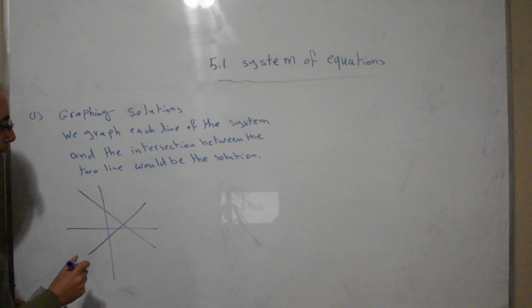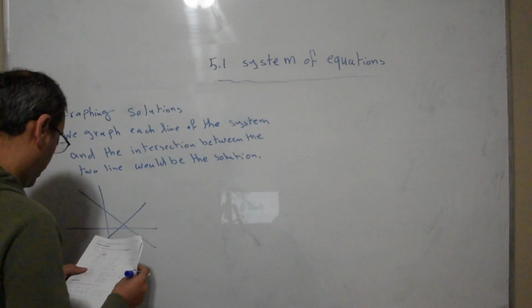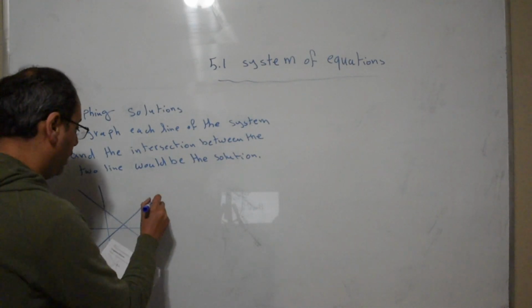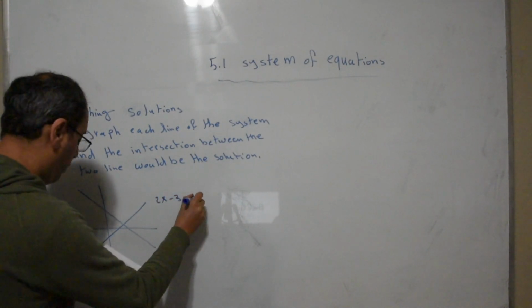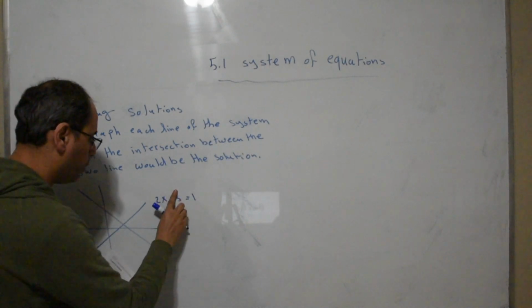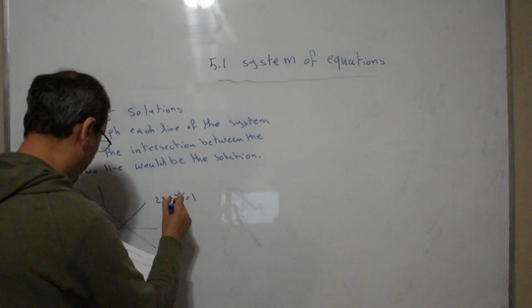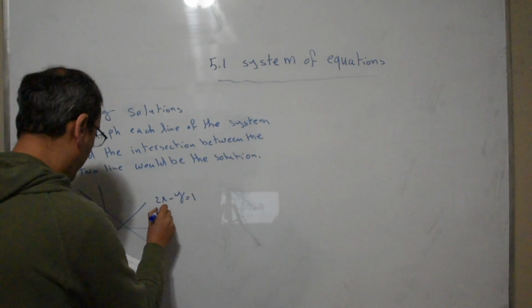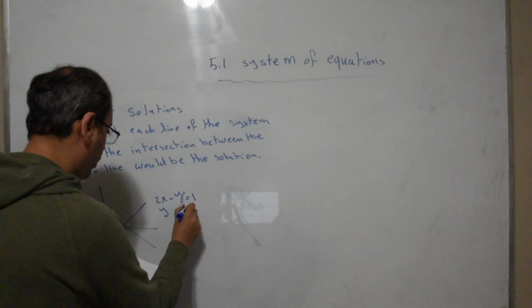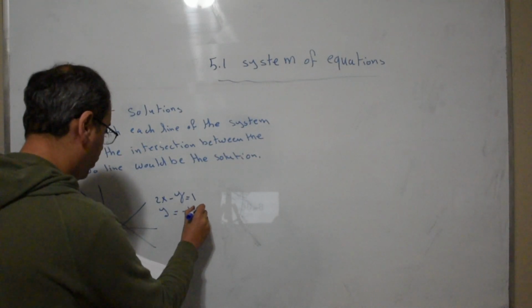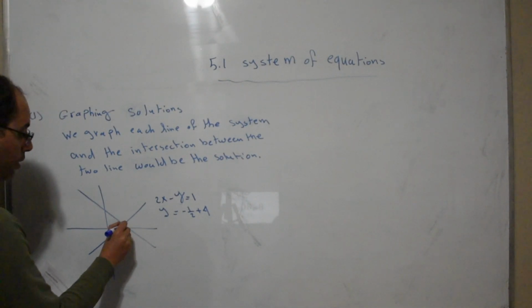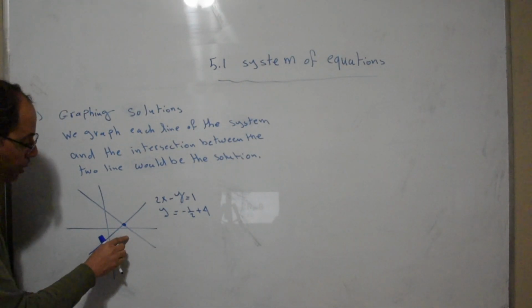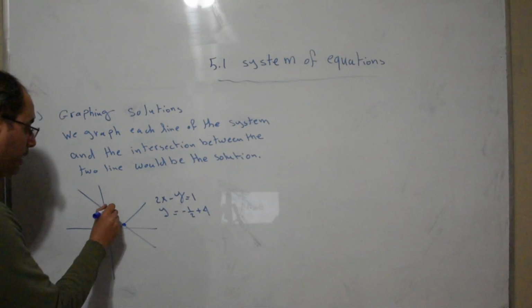So here is the system of equations, 2x minus 3y equals 1, and y equals negative 1/2 x plus 4. If I get this solution, here's the solution. This point is the solution, and it has two coordinates, x and y.